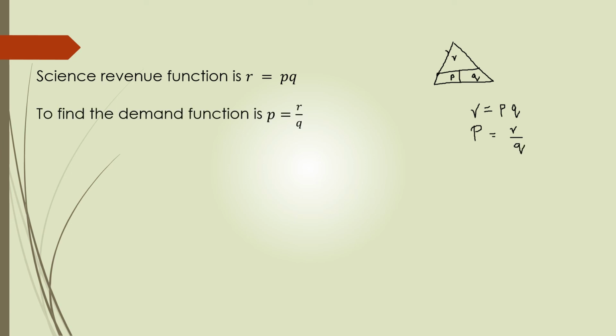My dear students, look here, we know that here I am using this triangle, here is R, and here is P, and here is Q. When we need to find out revenue R, it will become P multiplied by Q. But when we need to find out the demand function, in that case it will become R by Q. Okay, dear student, so here R is equal to PQ, then P will become R by Q.